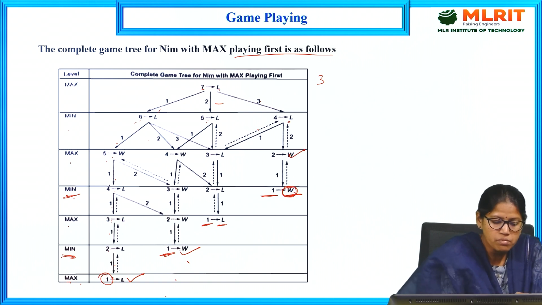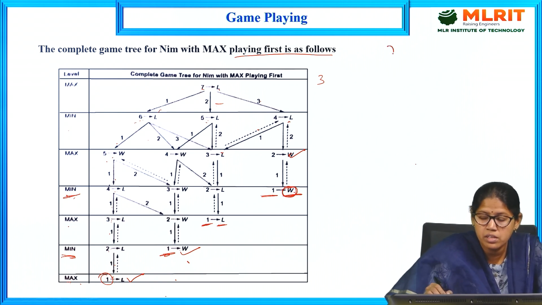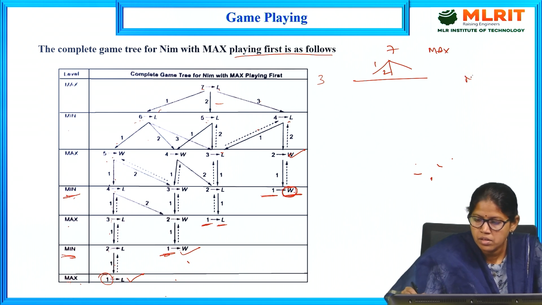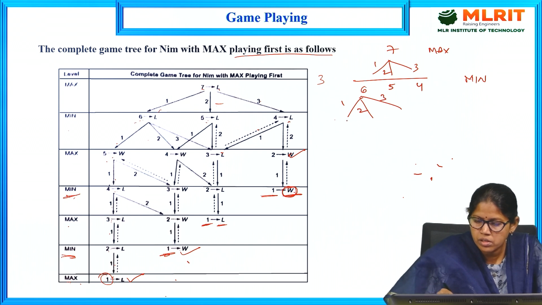Next, from this, there is another one also. Let's draw quickly. 7, 1, 2, 3. Max level. Min point: 6, 5, 4. Next again 1, 2, 3.